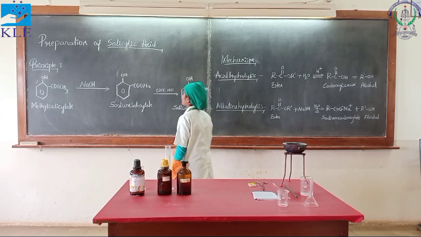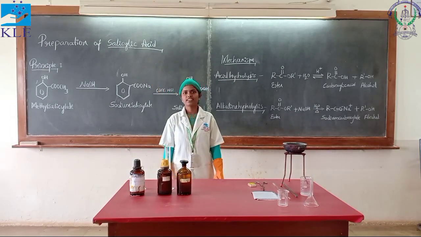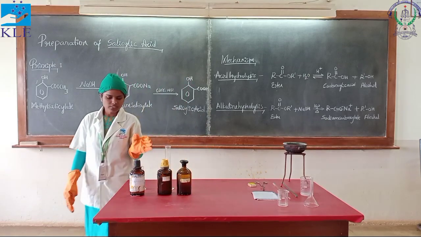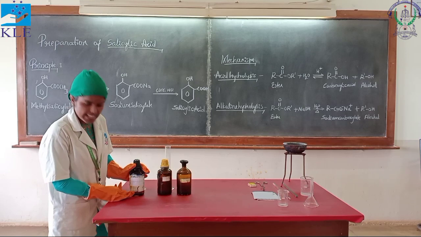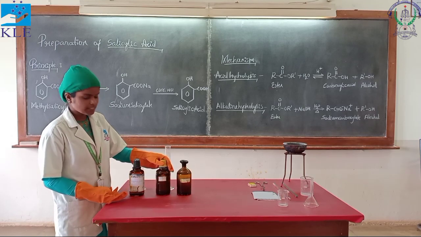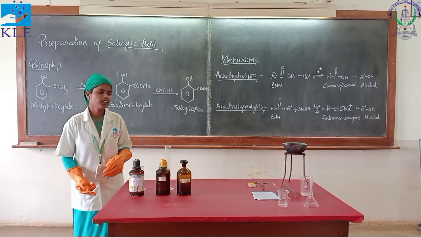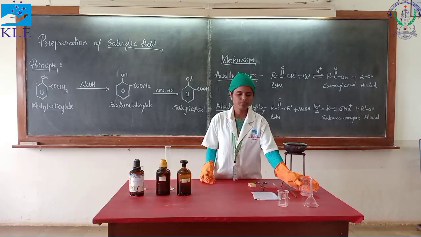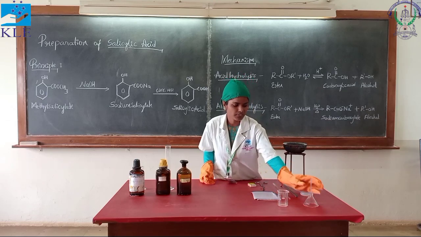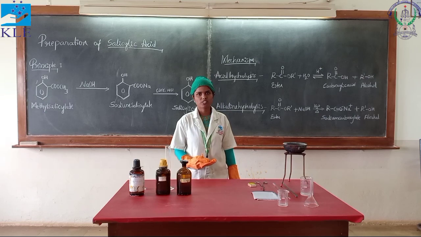Here I am going to carry out the preparation of salicylic acid from methyl salicylate. The chemicals required are methyl salicylate, 40% sodium hydroxide and concentrated HCl. The apparatus required: 250 ml beaker, funnel, glass rod, pipette, water bath and tripod stand.